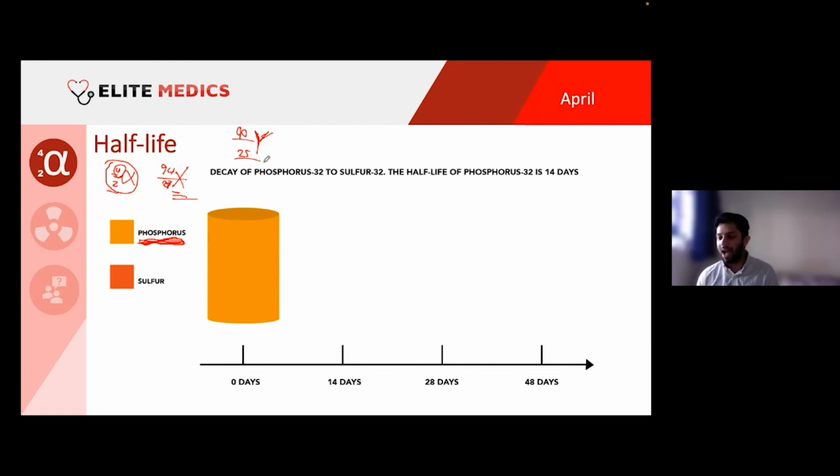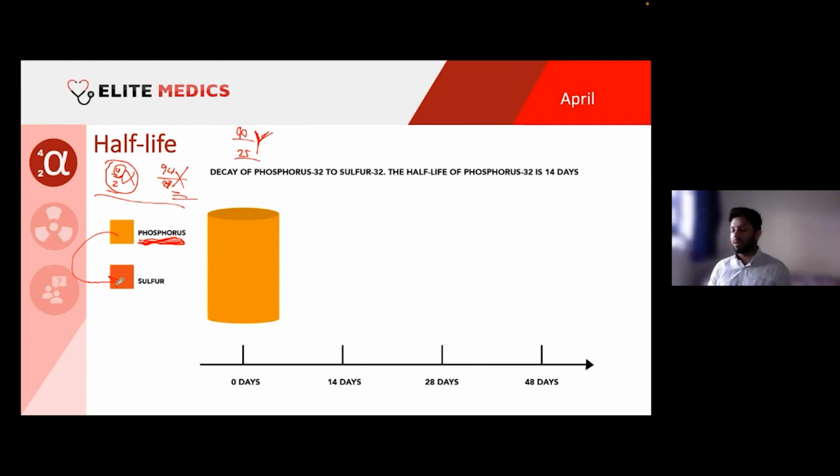That was all to point out that when phosphorus decays via alpha radiation, it changes into a different element, and it will go into sulfur. We're going to represent sulfur as this orangey brick red kind of color.